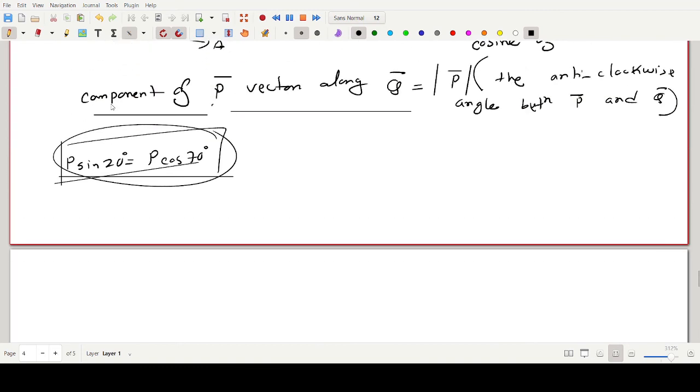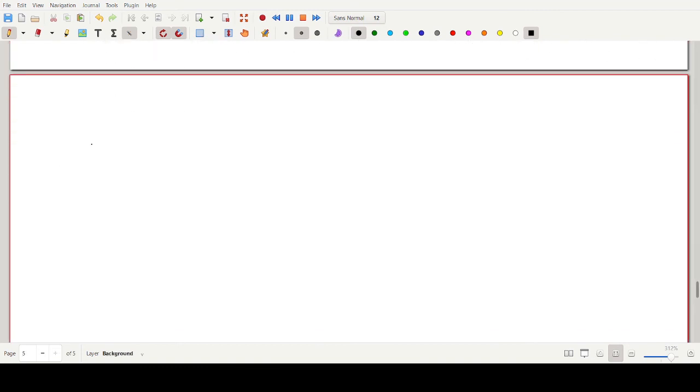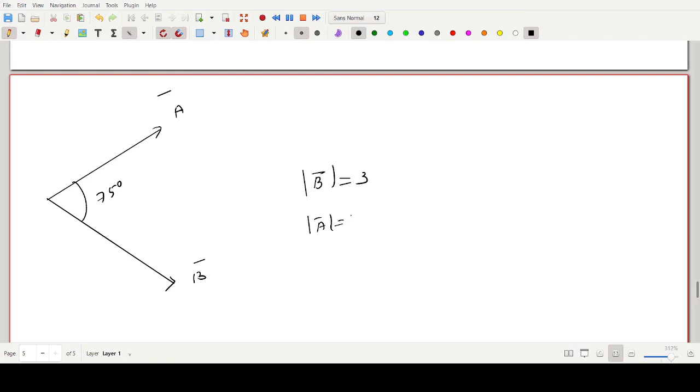Now you need to do two things. For one, what will be the component of B along A? How can we calculate it?